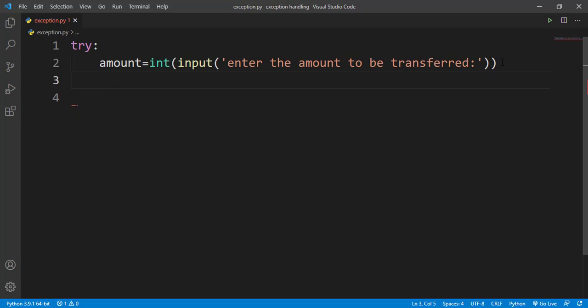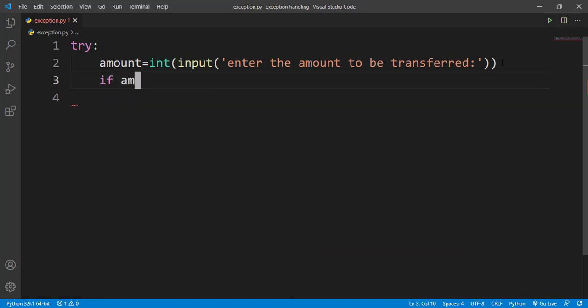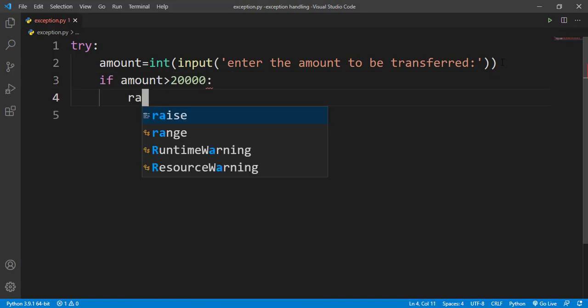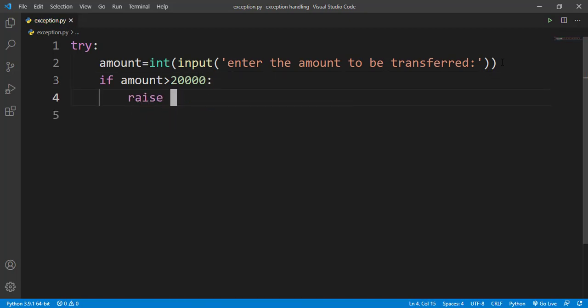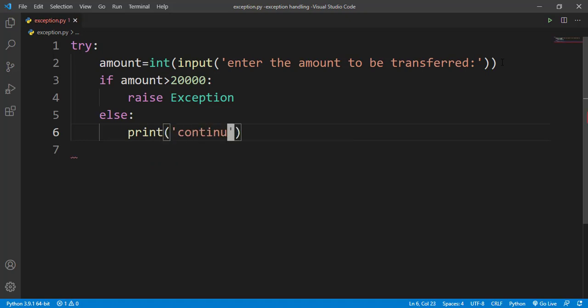Now let's say the bank has decided the limit for a transaction is 20,000. So if amount is greater than 20,000, I'll raise an exception here. Raise Exception. I'll raise a generic exception, else print continue the transaction.